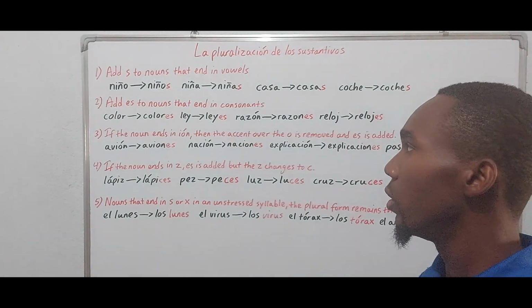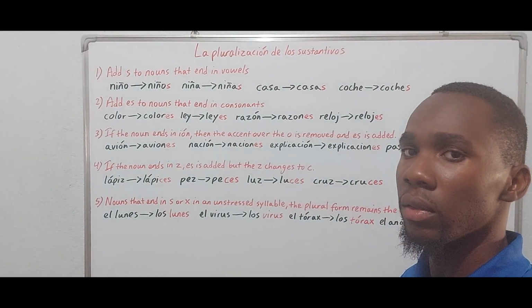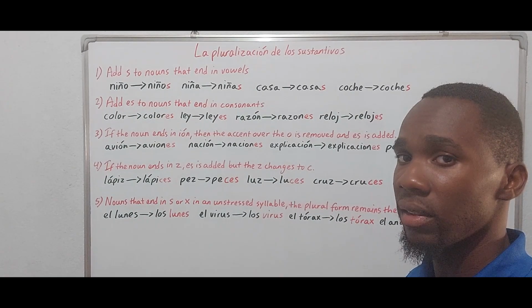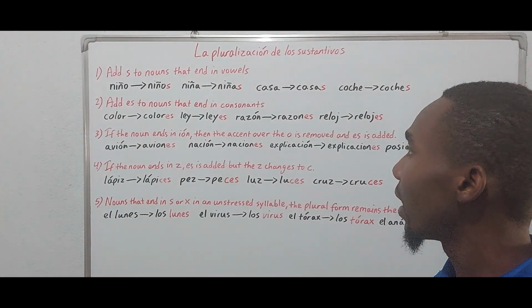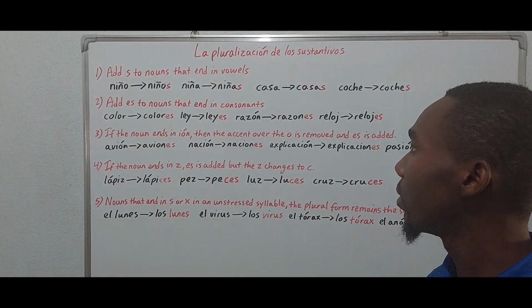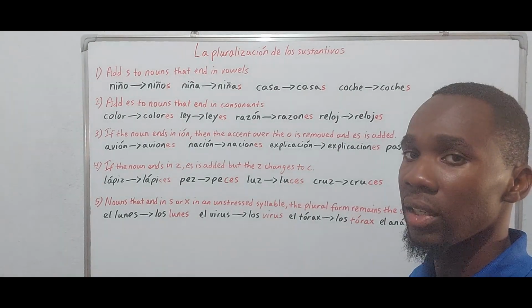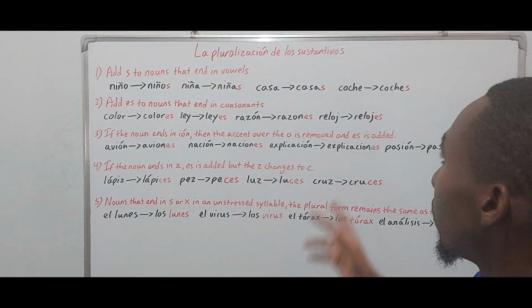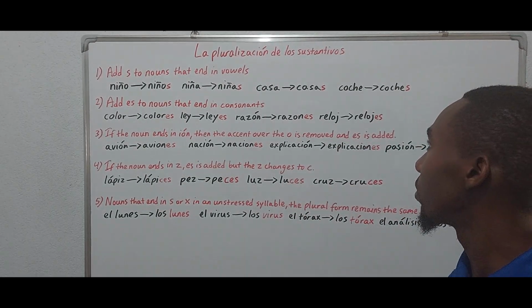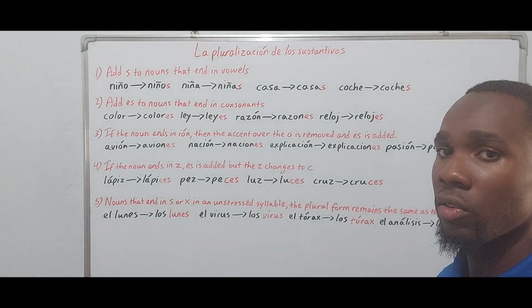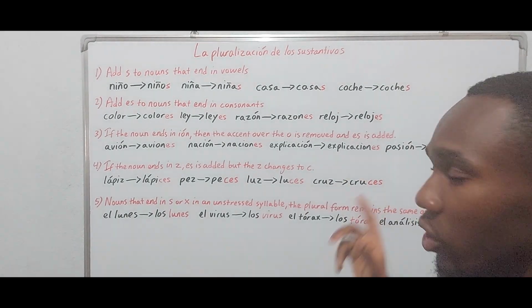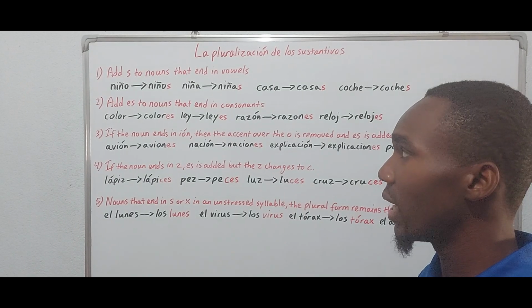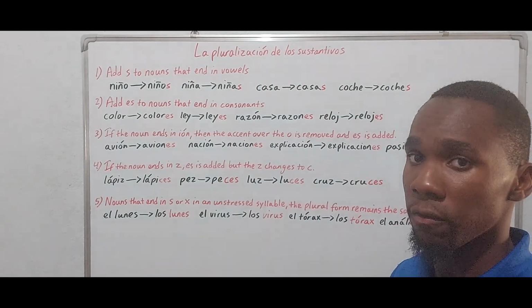Little girl, you see that niña ends in a. Casa becomes casas. Casa ends in a, so it becomes casas. Coche becomes coches. Coche ends in e, so it becomes coches. You just add an s. So we add s to nouns that end in vowels.